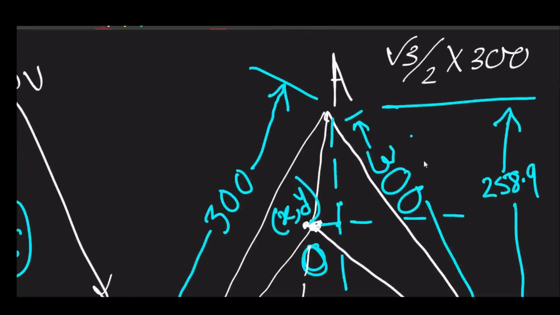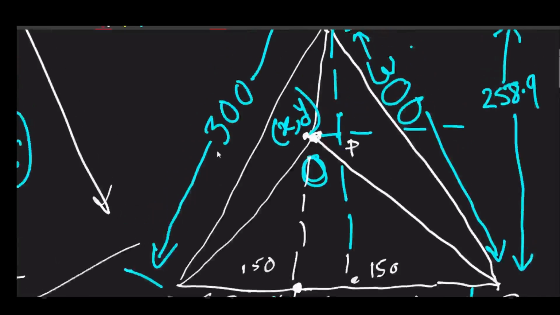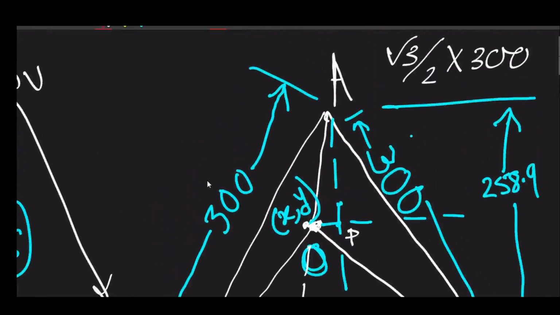If you consider this triangle comprising O, A, and let it be P, then you have to find out OA. So what is OP? If you observe properly, OP is your x minus 150. This is the distance OP.